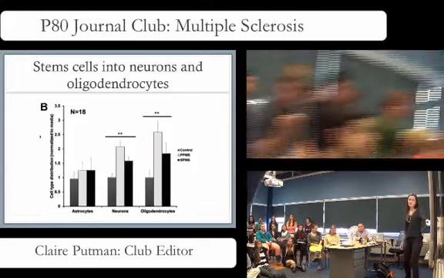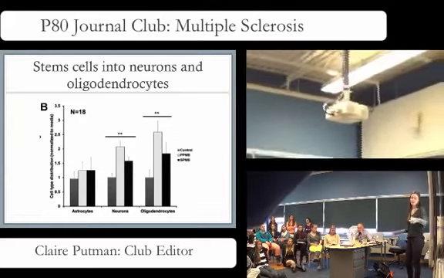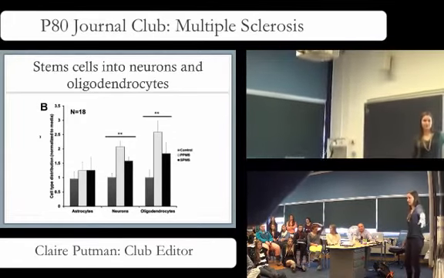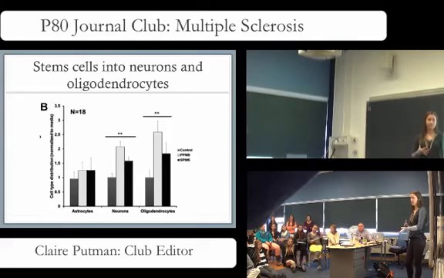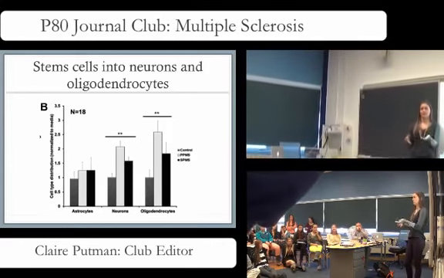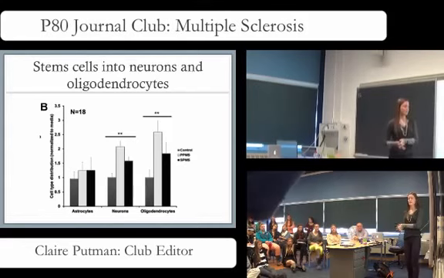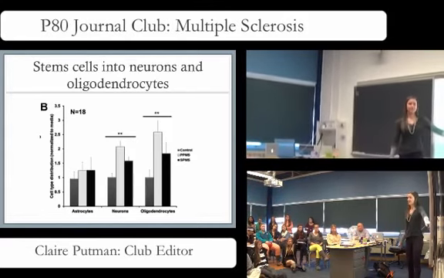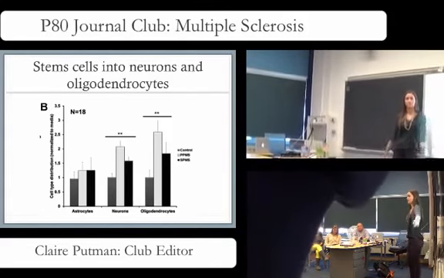In MS, what would be damaged are the neurons and the oligodendrocytes, so that's what they would want more of. If you have more oligodendrocytes, you can make more myelin sheath, which makes up for the damaged ones. So we did not want this level to be higher than these levels.